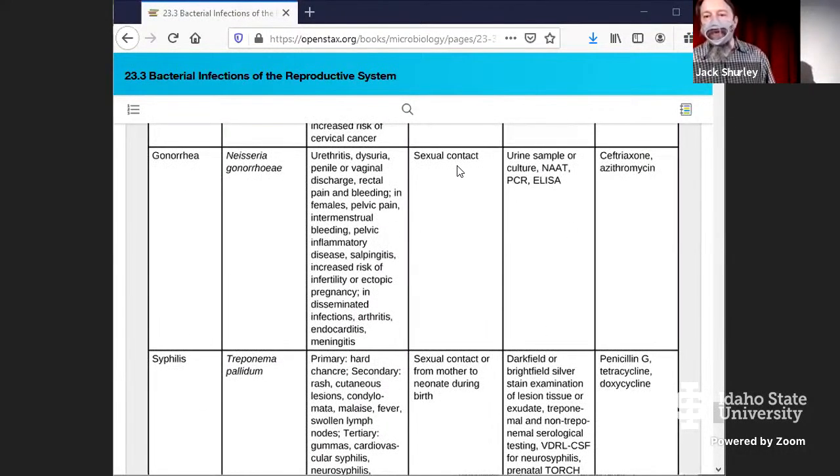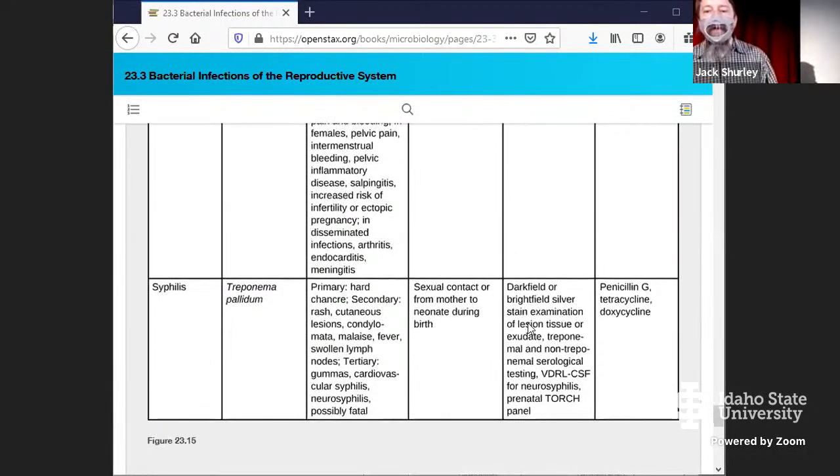So this is sexual contact, but there are also possibilities with the mother passing it to a child in transit. We saw the baby with the eyes that were all infected, skin and eye infection. We mentioned a little of that, but deep down, we really think sexual contact is what's doing that.